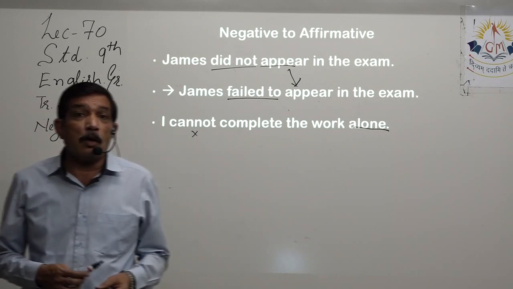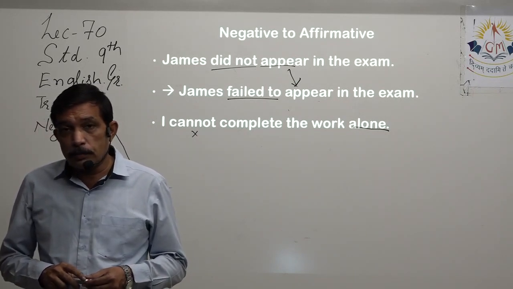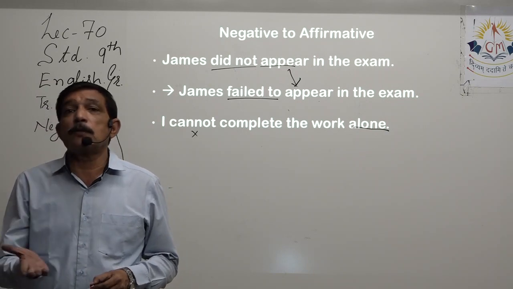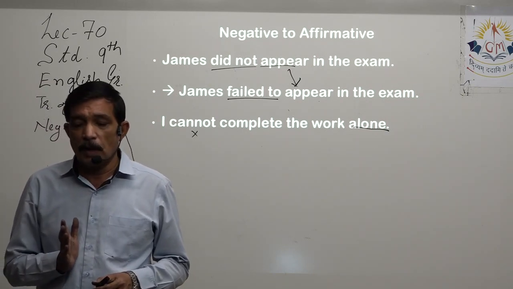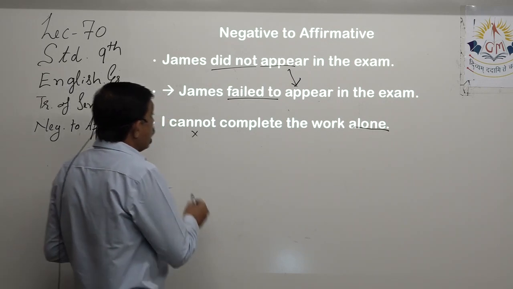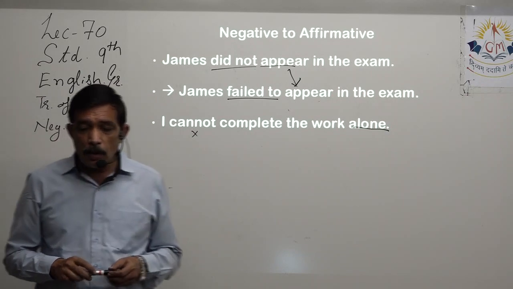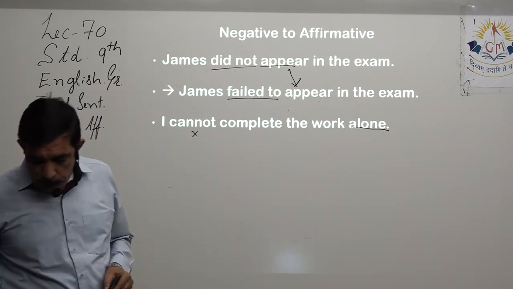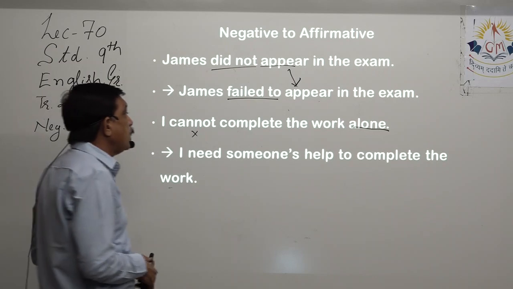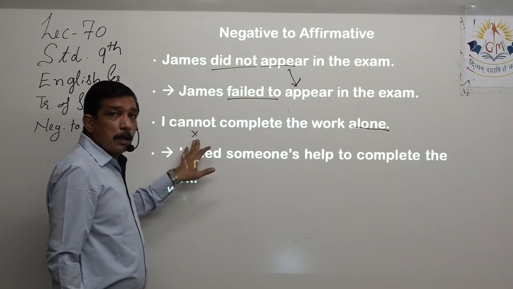Alone, am I not able to do? I need help. If I need help, I need someone's help. Yes, and that is basically the answer. I need somebody's help or someone's help to complete the work, because here cannot is negation.